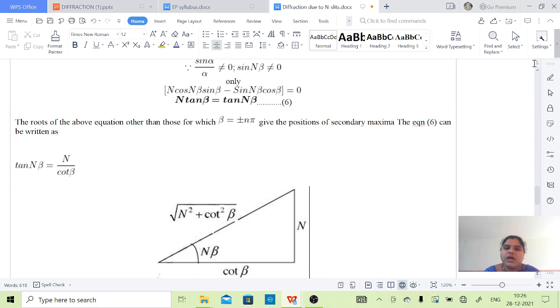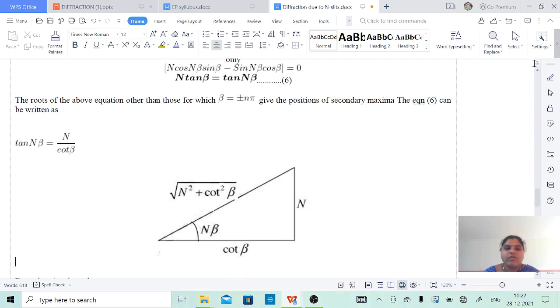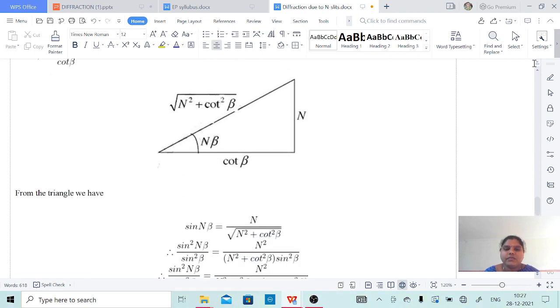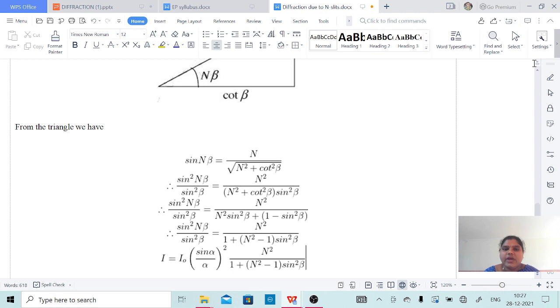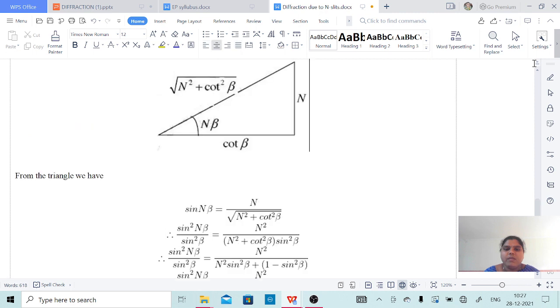That means we are writing tan as cot. So we have to understand this triangle from the above equation. From the triangle, sin n beta equals opposite by hypotenuse. So n is the opposite, and the hypotenuse is root of n square plus cot square beta.